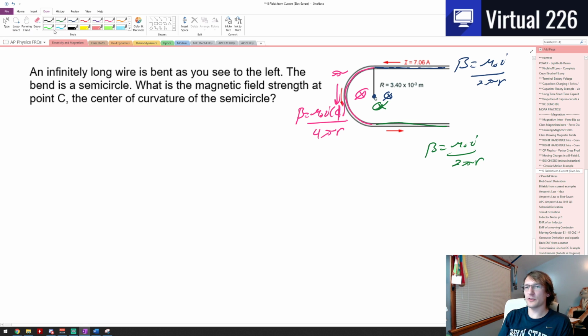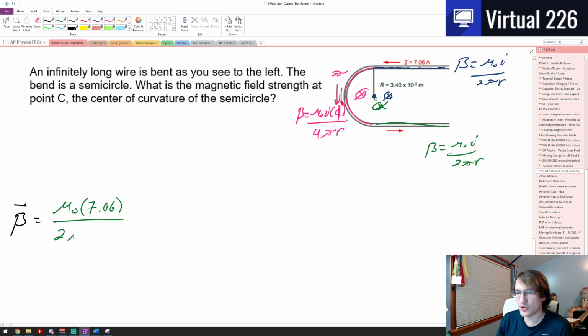So in short, what this will look like for our net B field, and we'll do each of these one at a time, is mu naught times the current, which is 7.06 amps, divided by 2 pi times the R value, which in this problem is 3.4 times 10 to the minus 3. And then we're going to add that to, well, I guess I should have done that in blue.